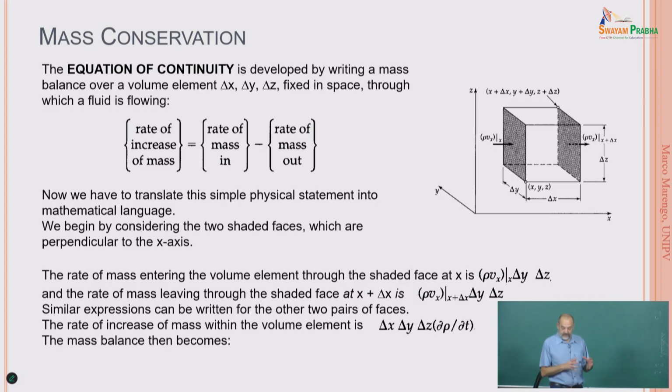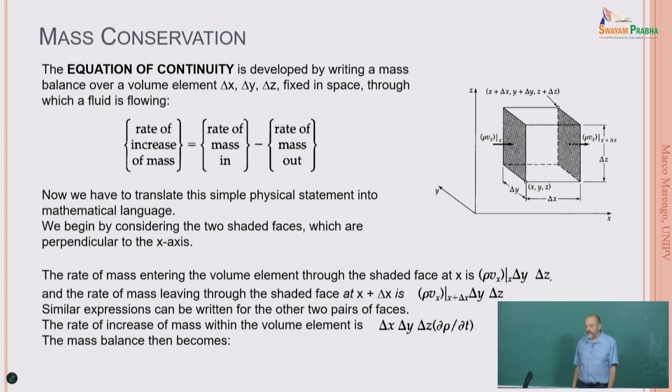We consider the density multiplied by the velocity, so it is the mass flow going inside in the direction of x, through the surface dy dz. On the other side, we have the opposite, with a different sign: one is entering, the other is going out.